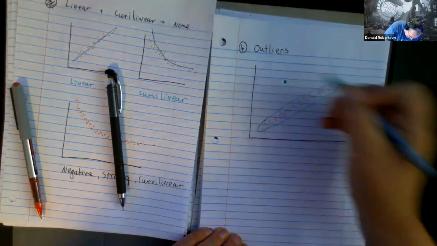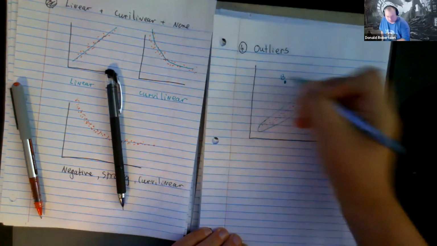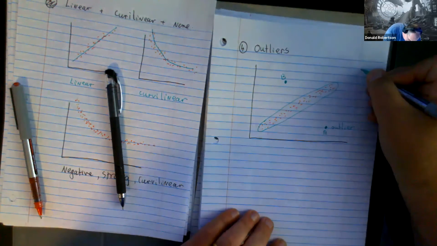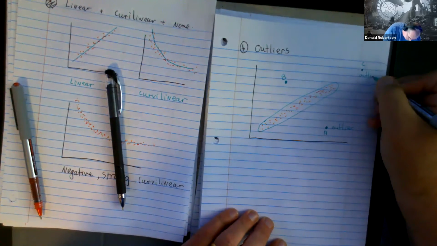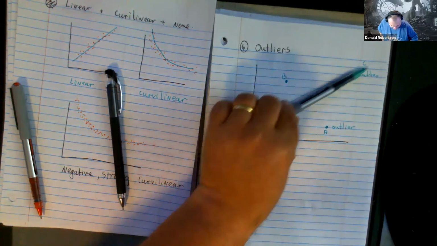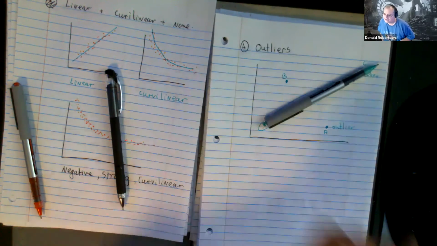I'll put letters on them. A is an outlier. Is B an outlier? Agreed? Another outlier. This one catches people. C is an outlier. But you might say, wait a minute, if you just imagine that with a straight line through it, isn't C going to be in the same line as the rest of the data, right?